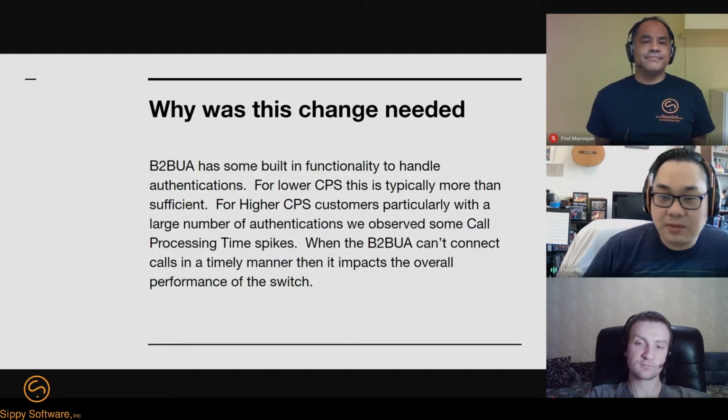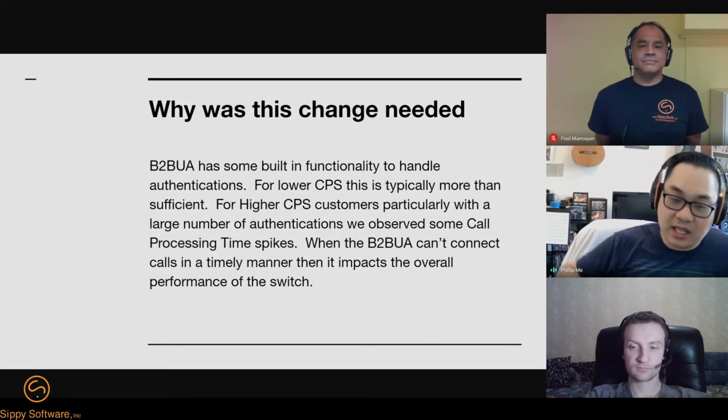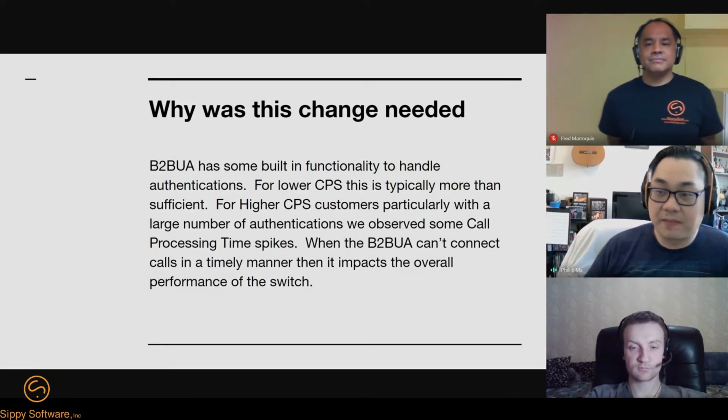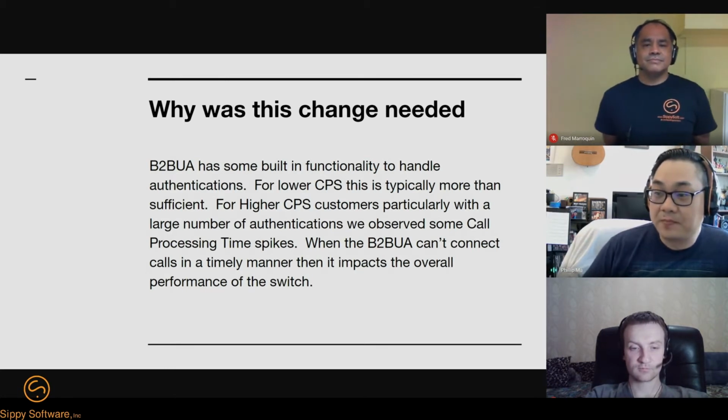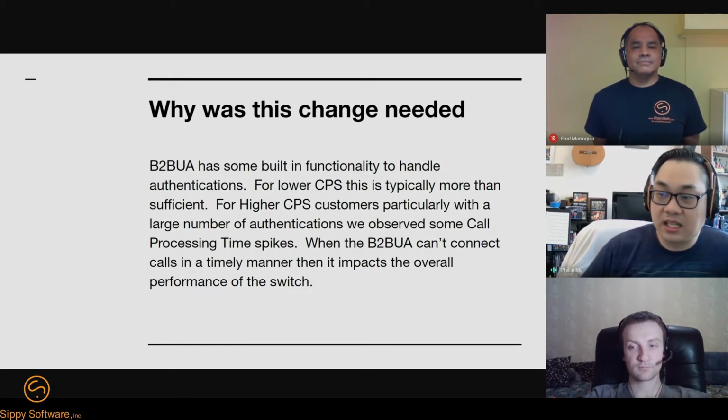One of the things that we noticed with our previous releases was that, particularly at the higher levels of capacity, things might not be operating as we would expect. So the B2B has some built-in functionality that handles authentications for each of the individual user agents.